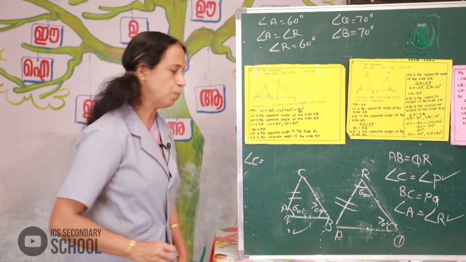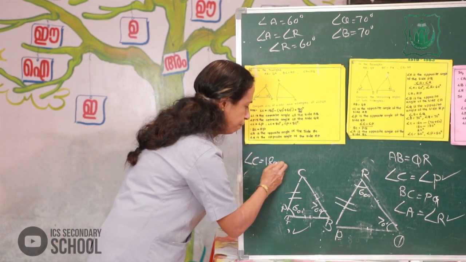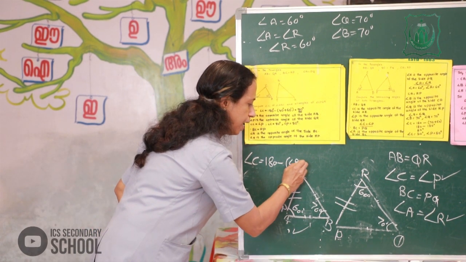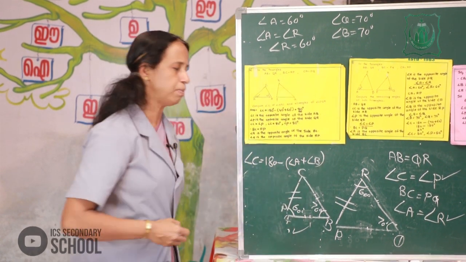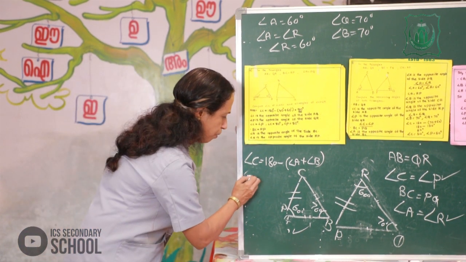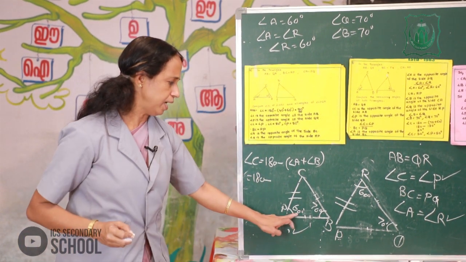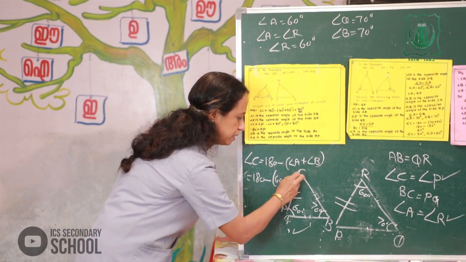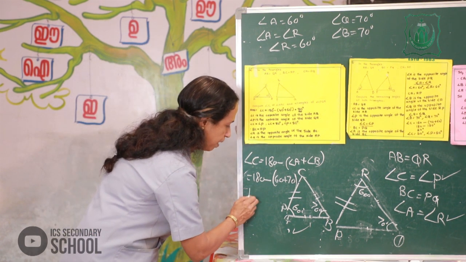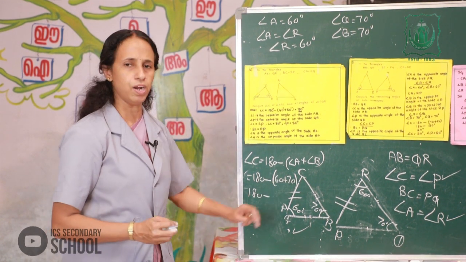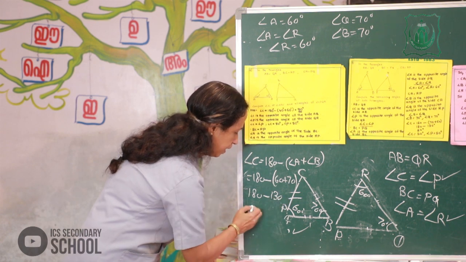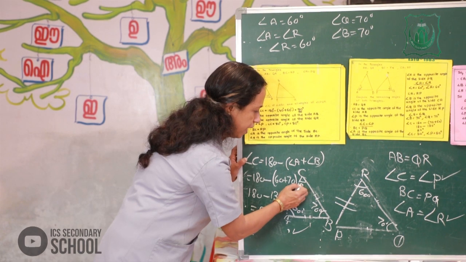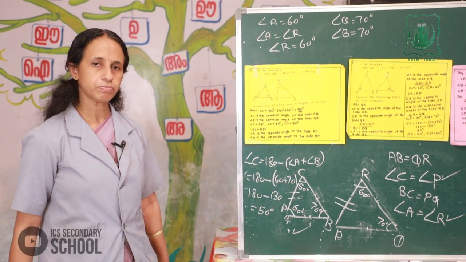Angle C equal to 180 minus angle A plus angle B, equal to 180 minus 60 plus 70, equal to 180 minus 130, equal to 50 degree. Angle C equal to 50 degree.